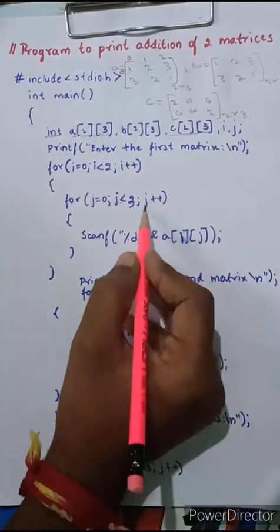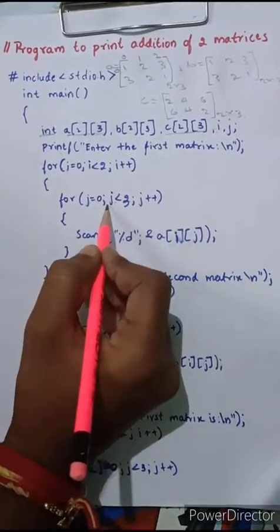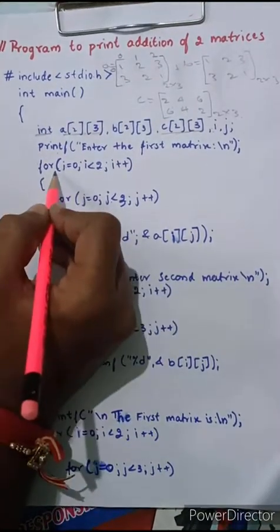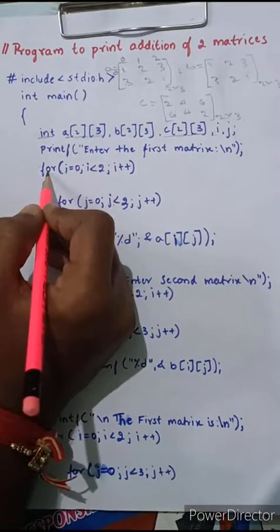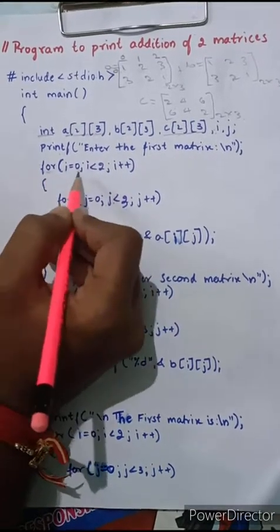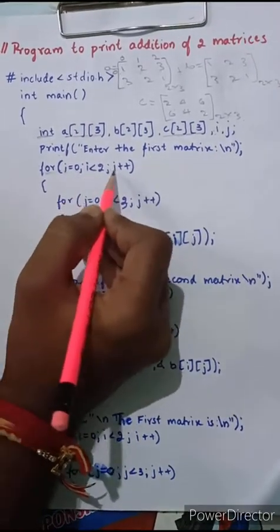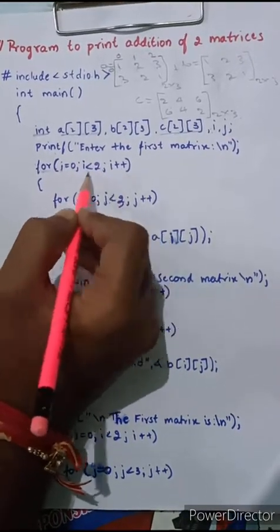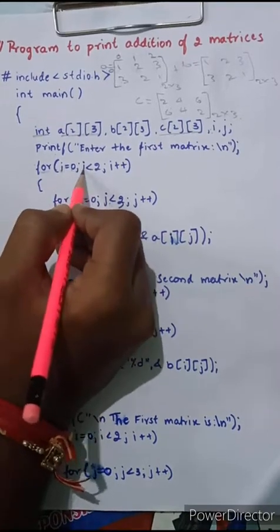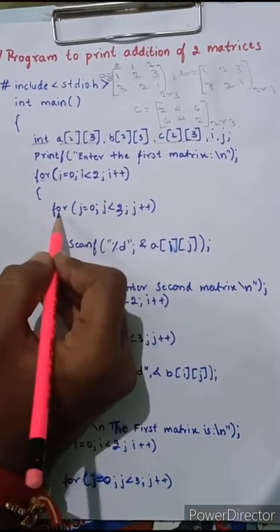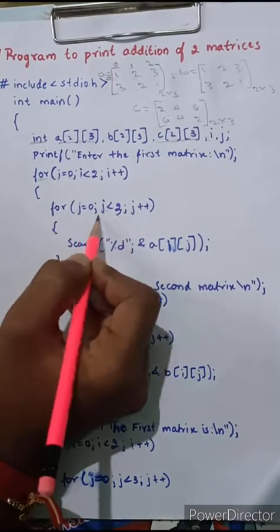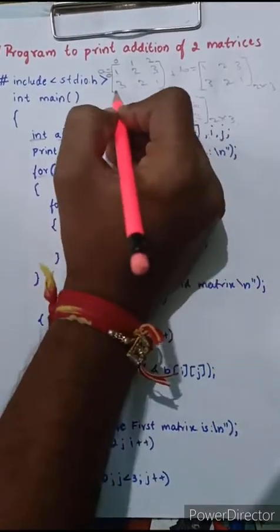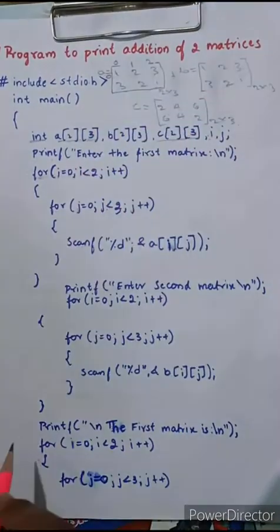Then j plus plus, j value becomes 3, 3 is less than 3, the condition becomes false, and the control will go to the outer for loop. Now i plus plus, i value becomes 1, then 1 is less than 2, then again the inner for loop is executed. As I explained, these three values will be inserted in the matrix.